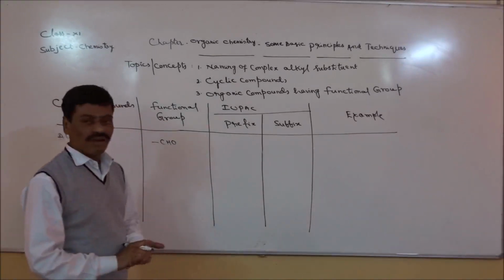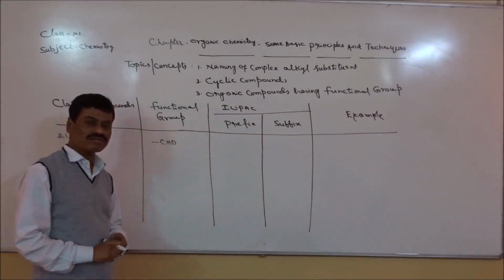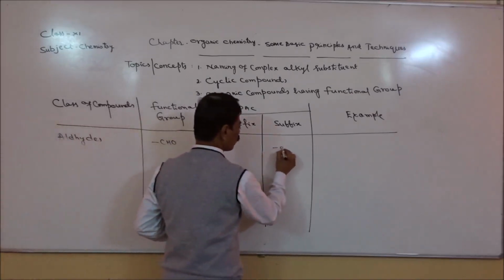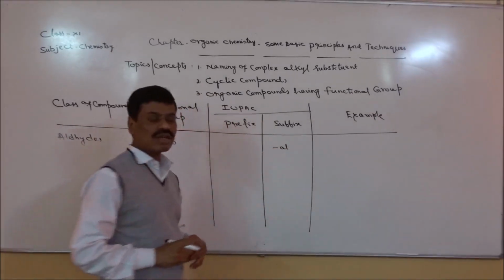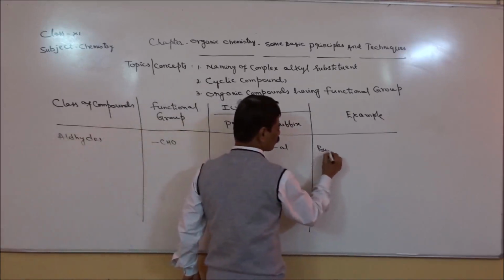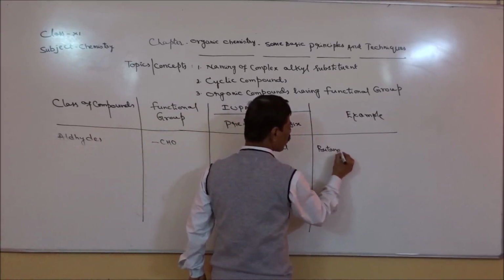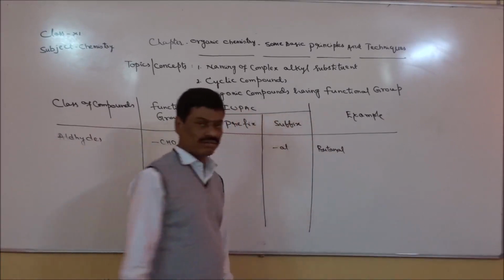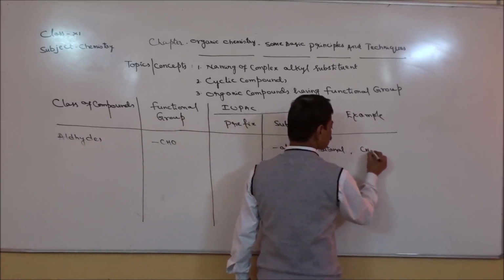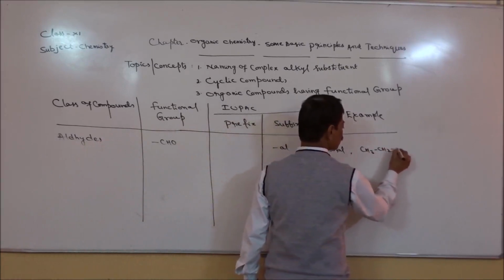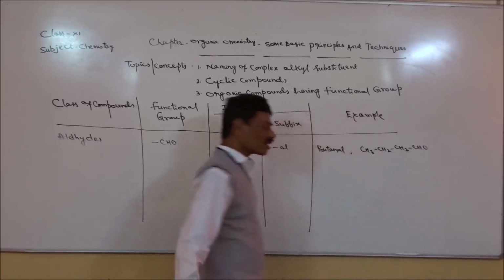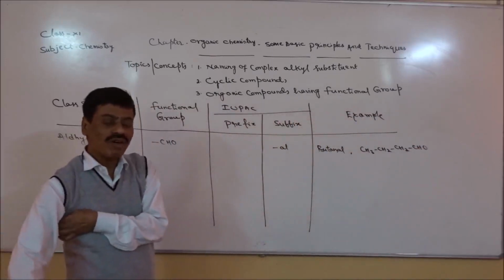In the case of aldehydes, the name ends with al, and that is the suffix. And the best example for this is butanal. See, in the name butanal we have al, the suffix. Now its structure is CH3, CH2, CH2, CHO. So we can write butanal or 1-butanal.